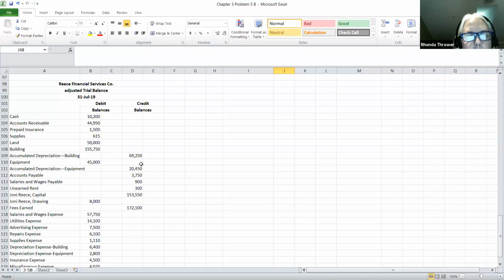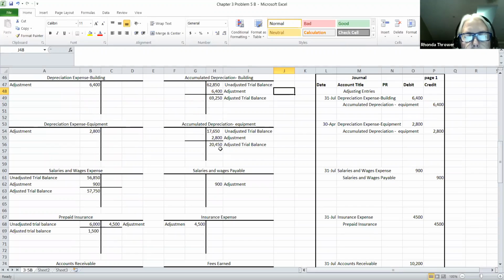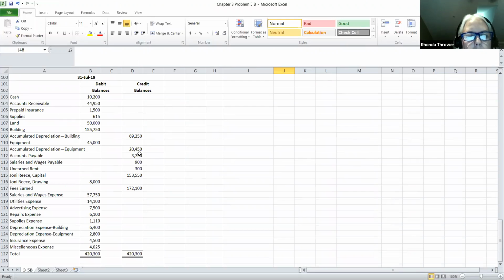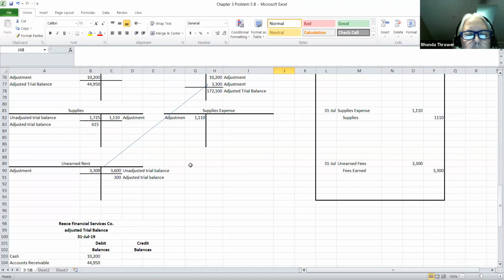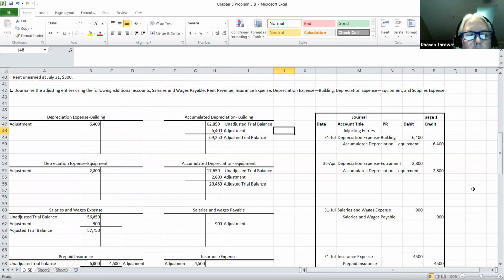We did, however, adjust the accumulated depreciation on the equipment account. The new balance in the adjusted trial balance is $20,450, which would be reflected on the credit side of the adjusted trial balance. Accounts payable was not adjusted. We didn't make any corrections or updates to accounts payable.